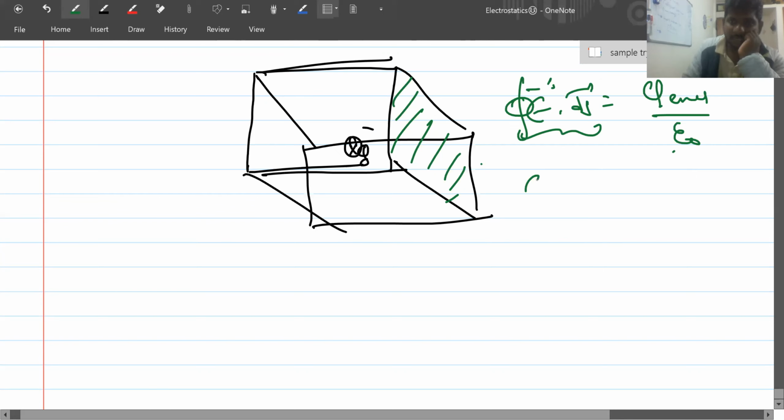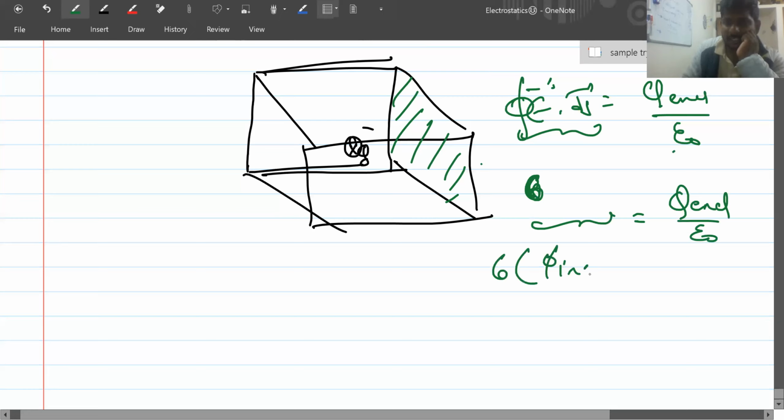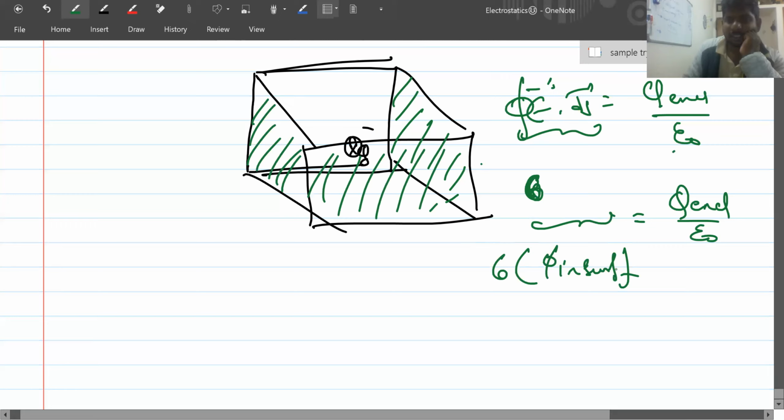The entire flux is equal to Q enclosed by epsilon naught, which is equal to 6 times the flux in each surface, since every face of the cube takes the same flux. So the flux through one face is equal to Q by 6 epsilon naught.